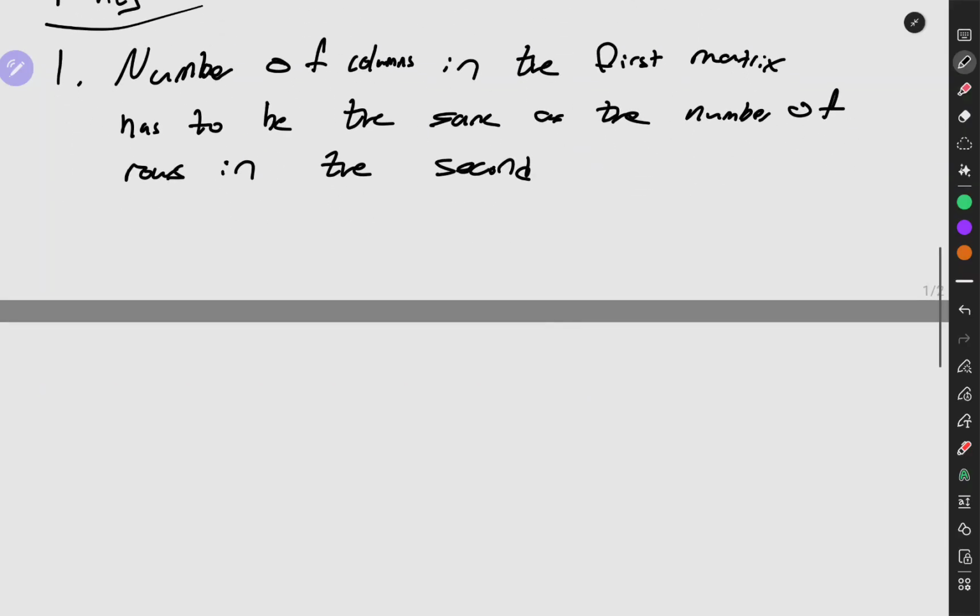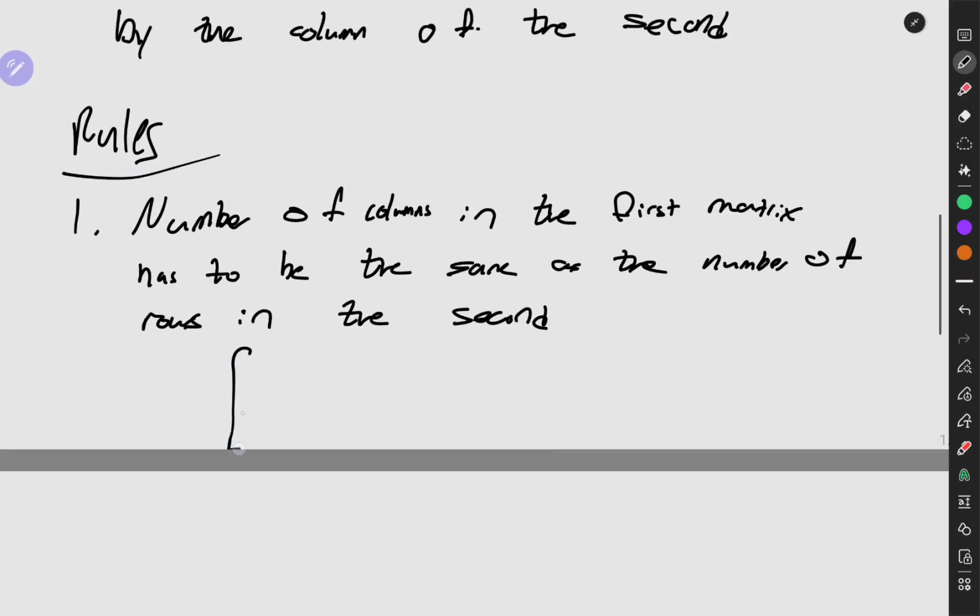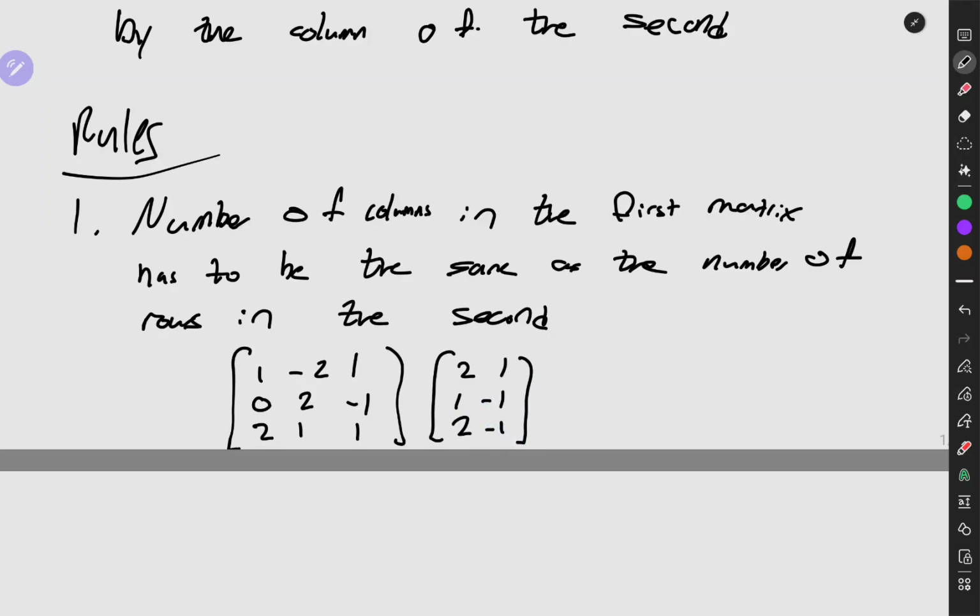So if we have a matrix like this, and we multiply it by something like this, is this possible? Think about it. Are the number of columns in the first matrix the same as the number of rows in the second? You would say yes, correct?